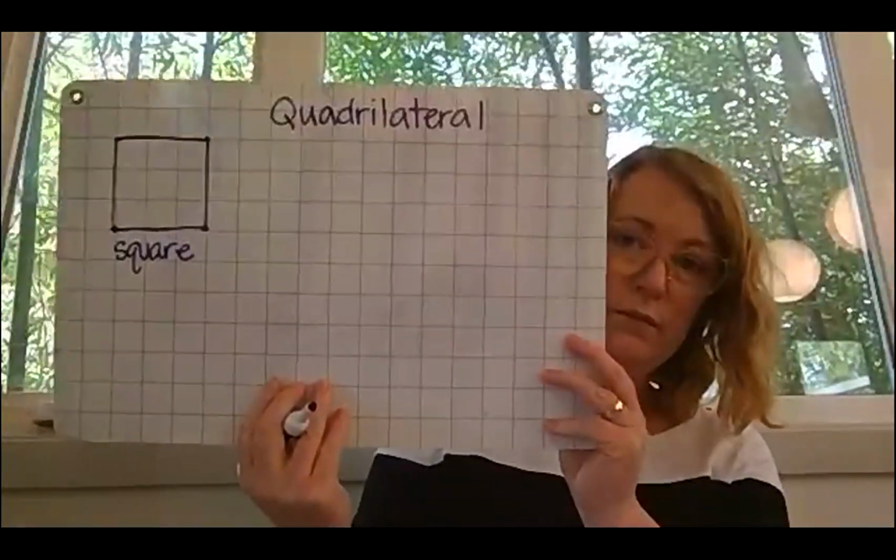In fact, I'm going to write quadrilateral across the top to remind us that all of these shapes we're about to make are quadrilaterals. So here is another quadrilateral. Actually, let's do it this way.